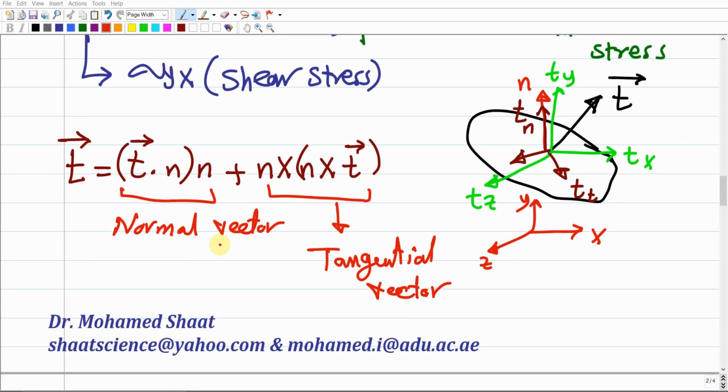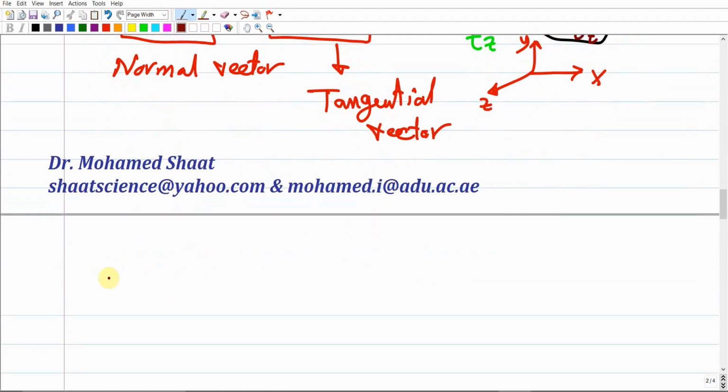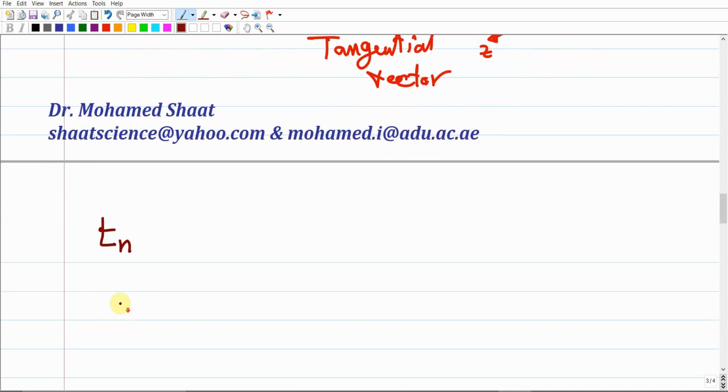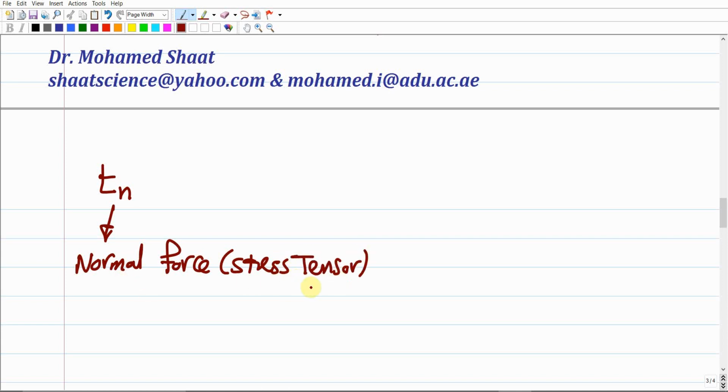So from this relation, we can conclude that generally Tn stands for the normal component. This is the normal component of the stress vector.